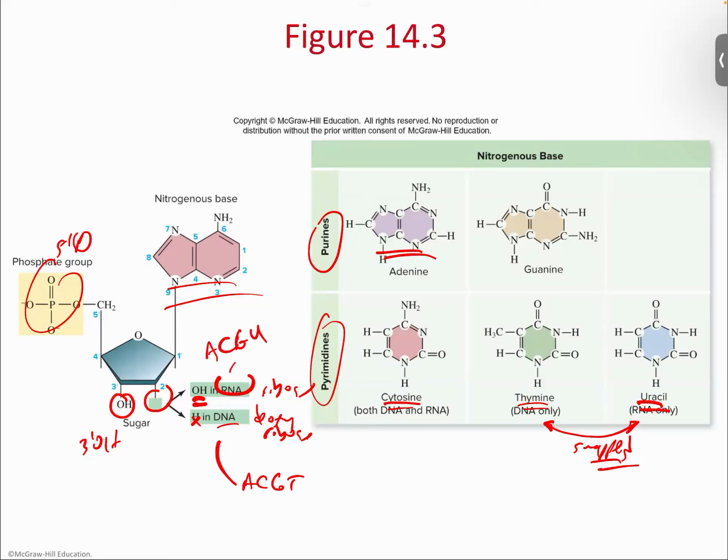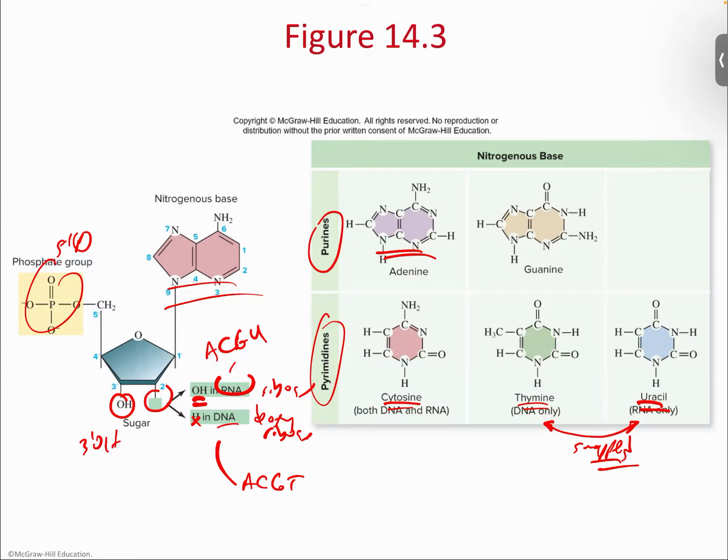You swap out your thymine for uracil. I always tell students, you want to understand the relationship between purines and pyrimidines, so it's helpful to keep the two straight, especially when looking at DNA.